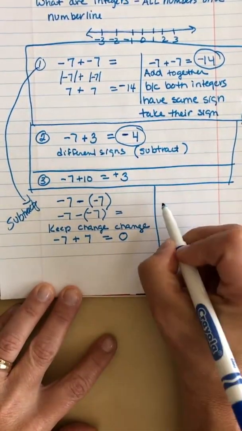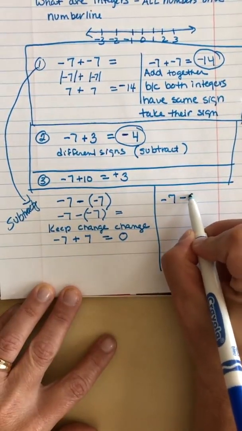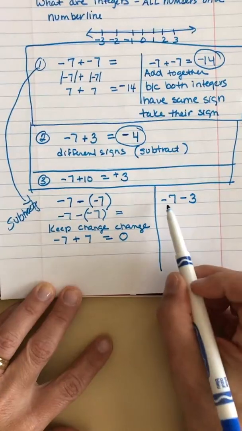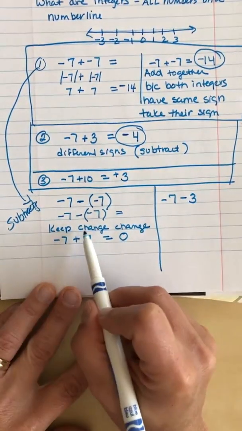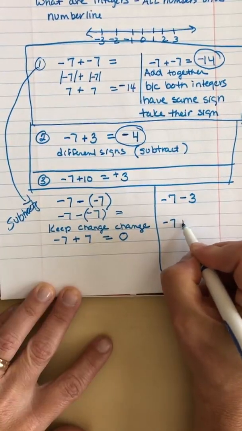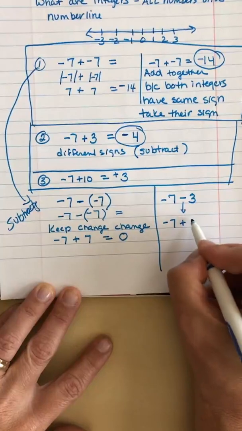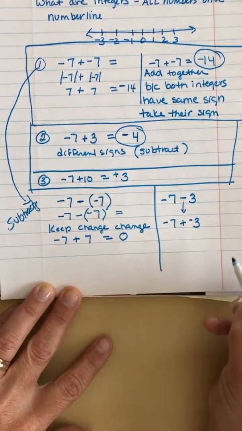Okay, let's try -7 minus 3. Okay, so we have -7 minus 3. Do the same thing, keep, change, change. So we're going to do -7 plus, so we change this to a plus, but we have to change this to its opposite, which is -3.